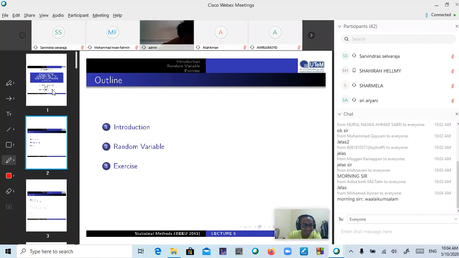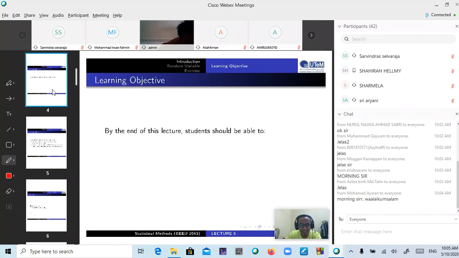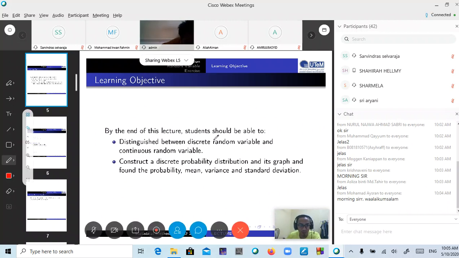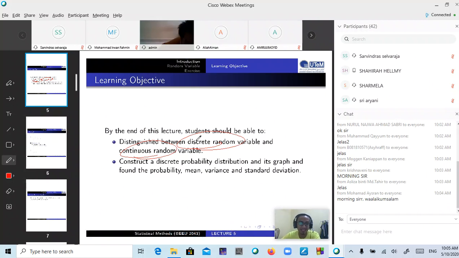What is the learning objective for this lecture? You need to understand what a random variable is, of course, and how to distinguish between discrete random variables and continuous random variables. If you understand how to distinguish between them, we can proceed with this lecture.